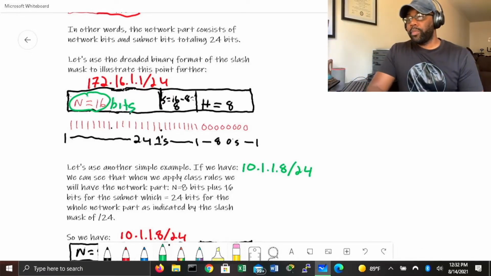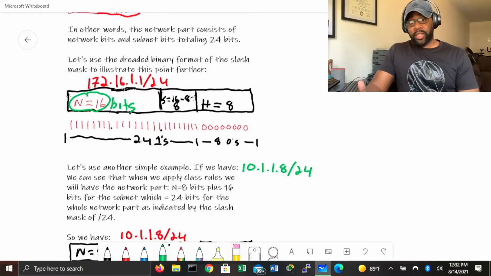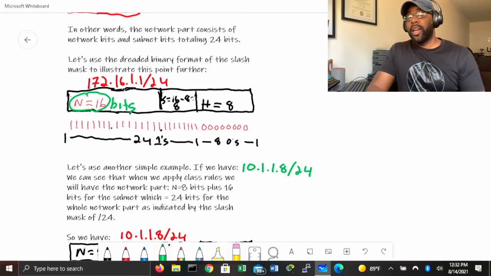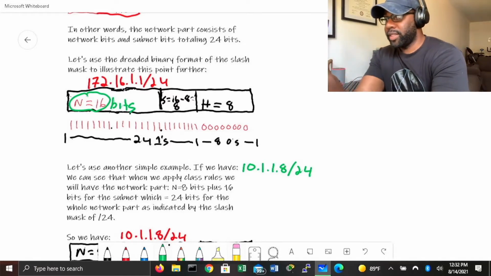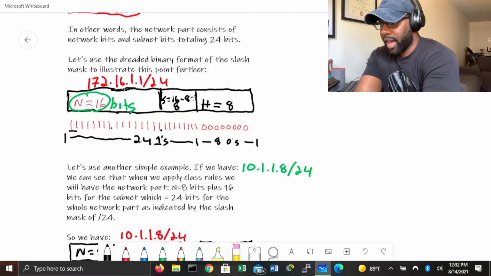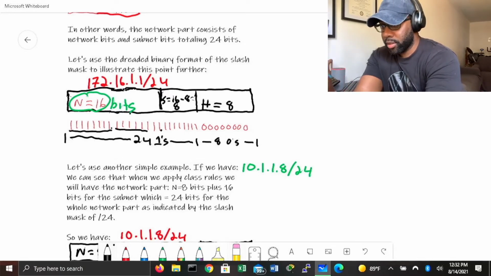So we know that our network part of our IP address is 24 bits, right? That means 24 bits are turned on in our network part of the IP address. Now watch right here. We see that with this octet, 8 bits, 8 bits, and 8 bits.